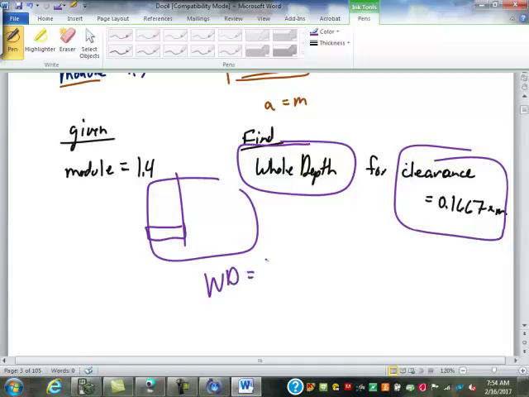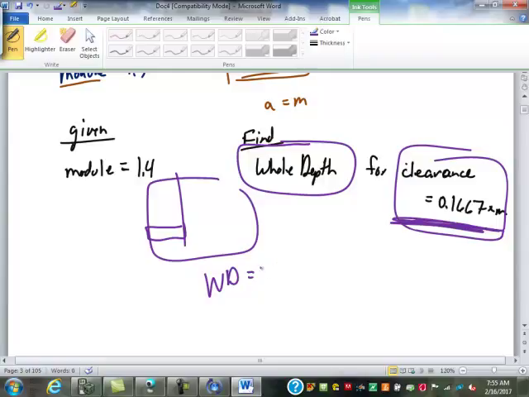WD has two different formulas there. One has one asterisk, one has two asterisks. If we look down at the bottom, one asterisk means when clearance is 0.157 times the module. That should ring a bell with what I said here. I said clearance is 0.1667 times the module. The 2 asterisks means when clearance is 0.1667 times the module. So that means which formula do we need? The second one, the one with 2 asterisks.